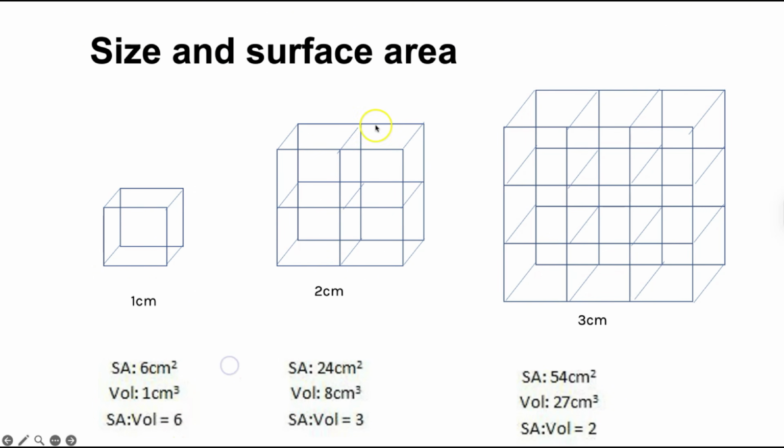If we then were to calculate that for these larger cubes, we can see this one, the surface area to volume ratio would be 3, and this one would be 2. And this is demonstrating a key pattern. The larger the object or the organism, so the bigger the size, the smaller its surface area is compared to its volume.